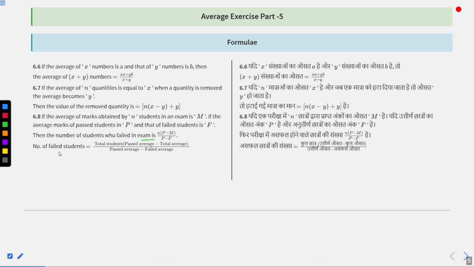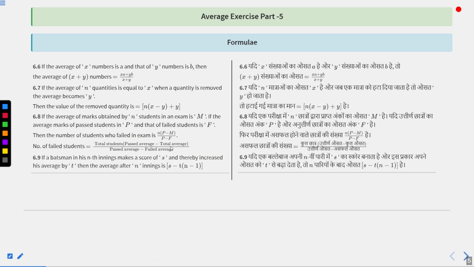We can write the number of failed students equals total students times (passed average minus total average) upon (passed average minus failed average). Clear? Next one, if a batsman in his nth inning makes a score of s runs and thereby increases his average by t, then the average after n innings is s minus t into (n minus 1).